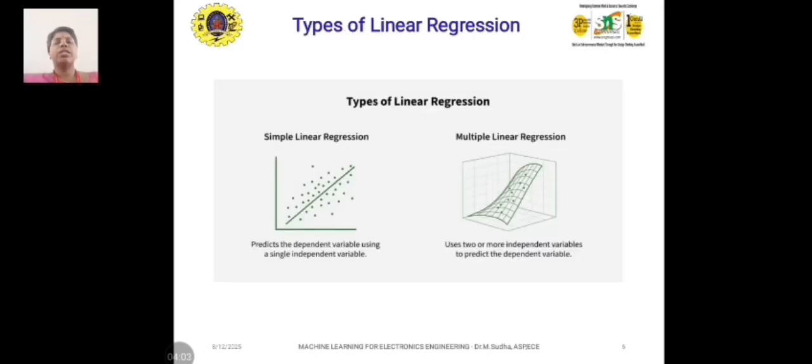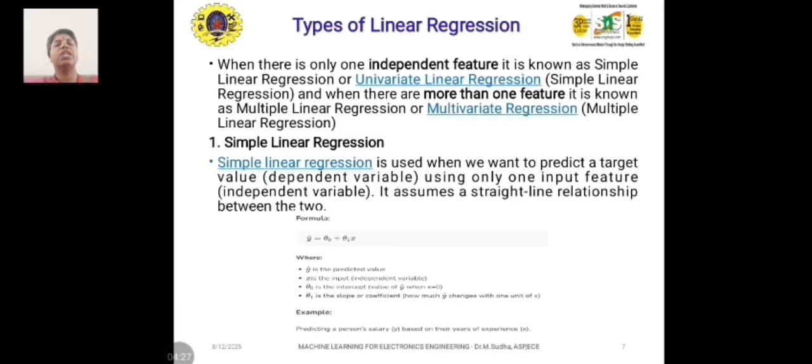There are two types of linear regression: simple linear regression and multiple linear regression. Simple linear regression predicts the dependent variable using a single independent variable. When there is only one independent feature, it is known as simple linear regression, or univariate linear regression.